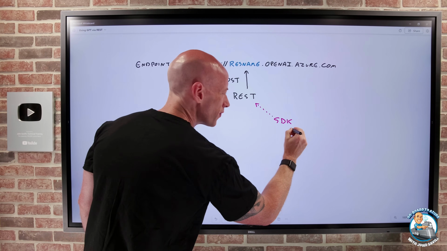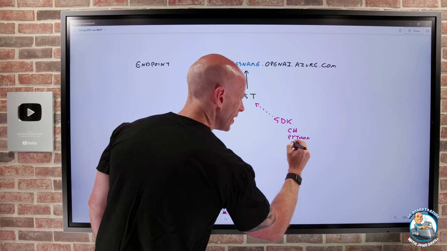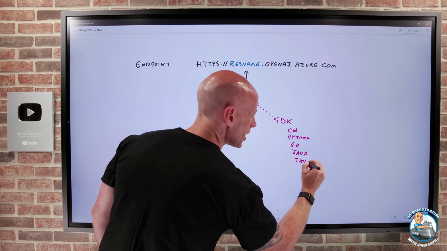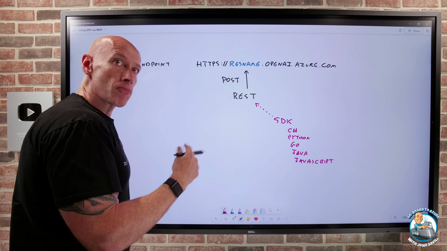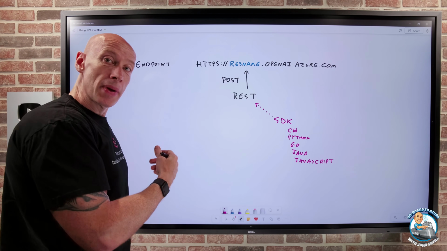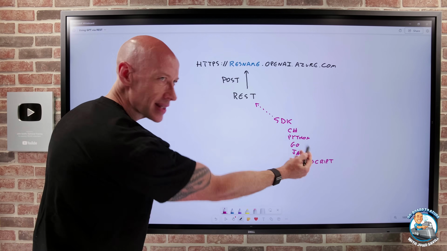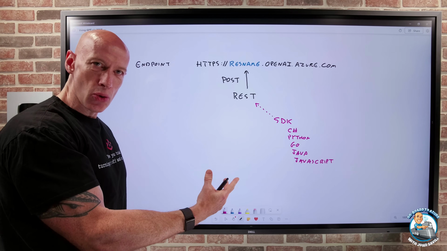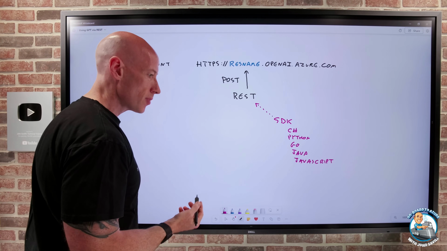And our SDKs are things like C# and Python, Go, Java, JavaScript. There could be others, and I'm sure people create libraries for other things that may not be the official ones. So obviously, if I'm using these languages, I can use the nice SDKs that give me these nice intuitive libraries and objects for whatever I'm using.